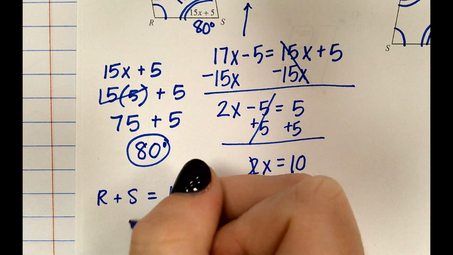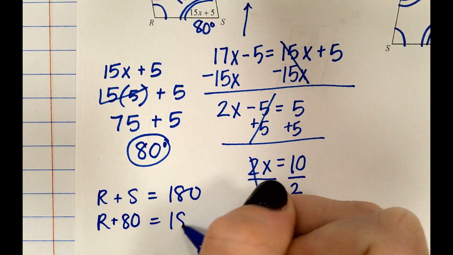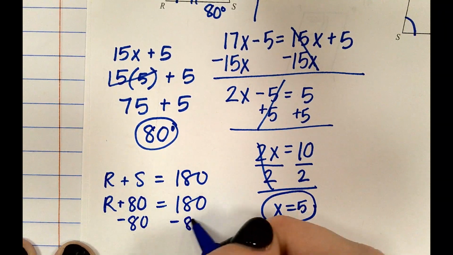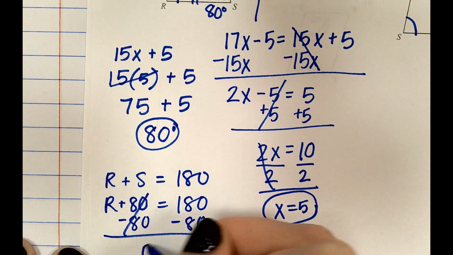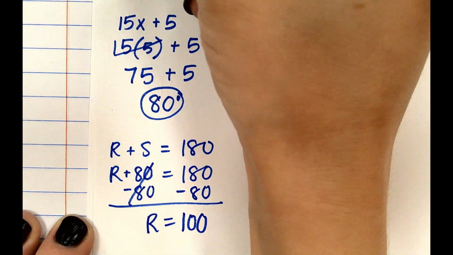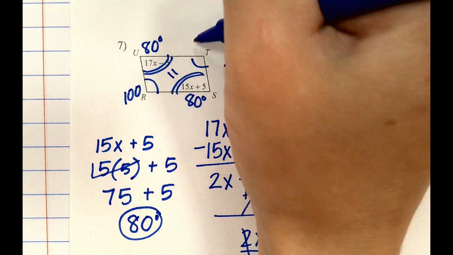S we just solved for. That's 80. So R equals 100, and T is 100. Good.